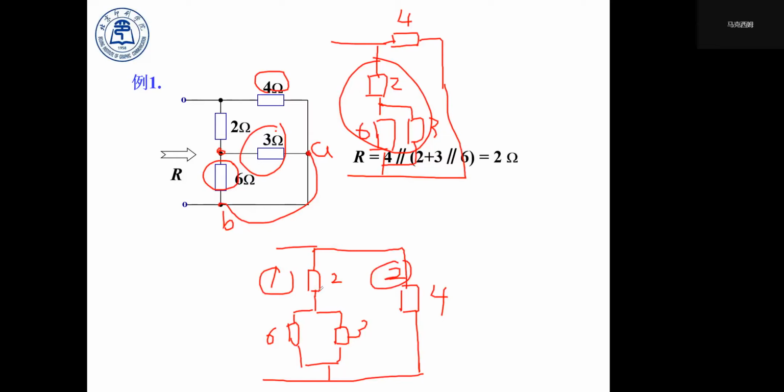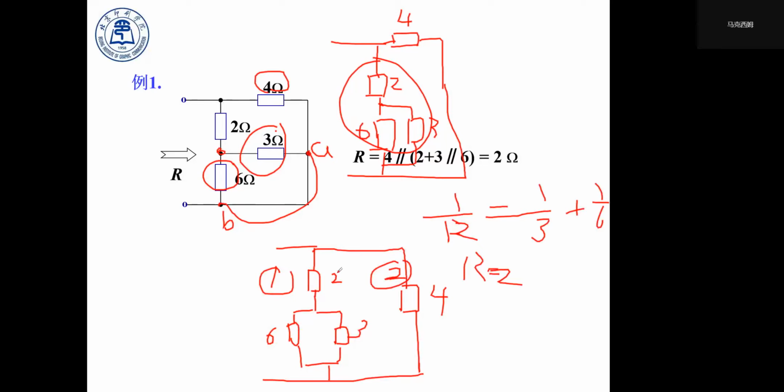So the total resistance of the combination of 3 and 6 in parallel form equals the reverse of the sum of the reverse of 6 and the reverse of 3. So we can calculate that it equals 2, so R equals 2.